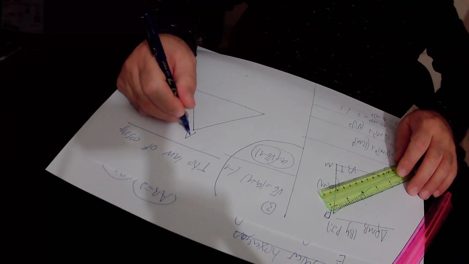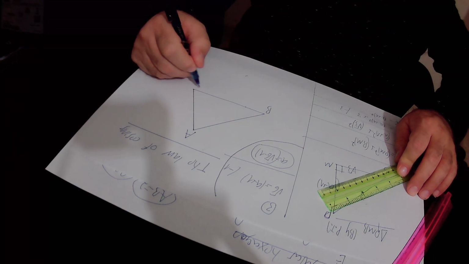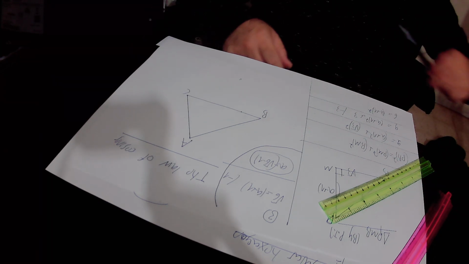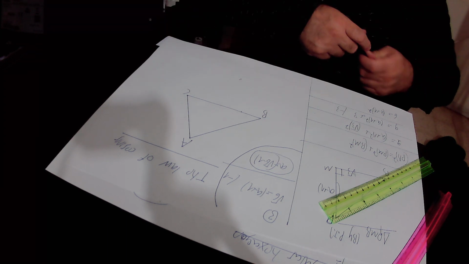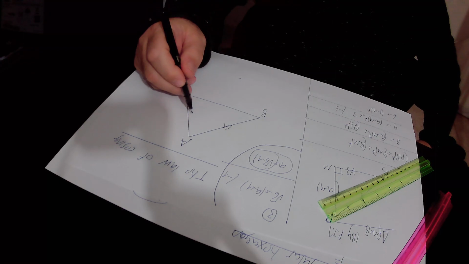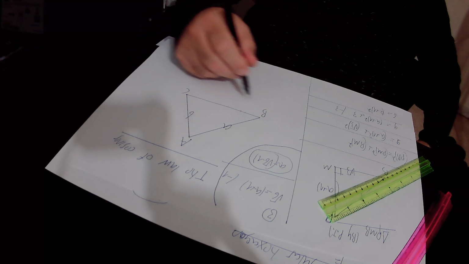We know that side AB equals a units in its length, side AC equals b units, and side BC equals c units.